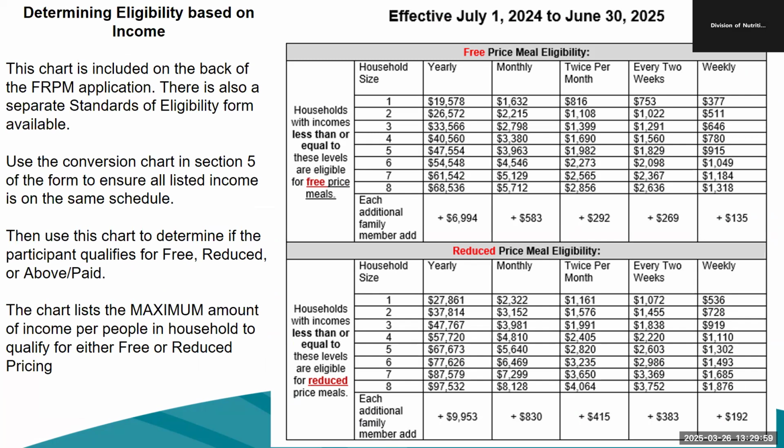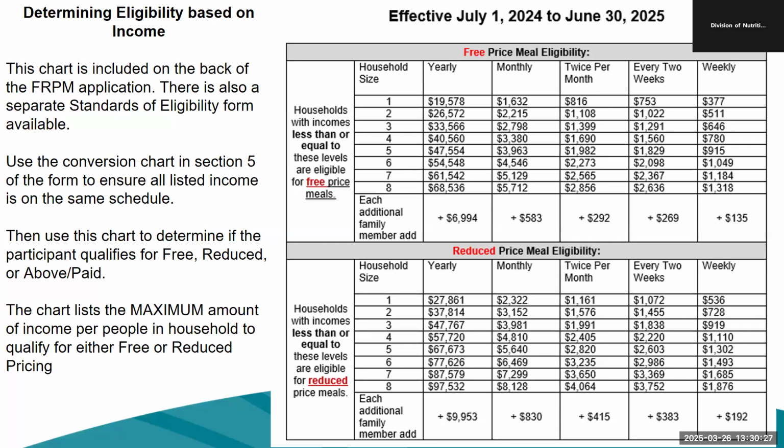So continuing on, determining the eligibility. Now this form runs from July 1st, 2024 to June 30th of 2025. There is actually, this past week, USDA did publish the next income form, which runs from July 1 of 2025 through June 30th of 2026.